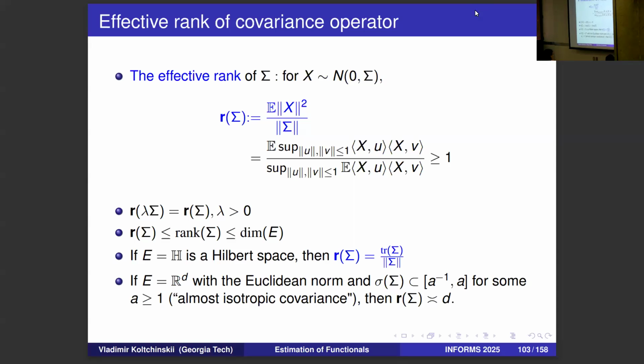In this case, of course, the effective rank is proportional to the dimension, so there is no need to use effective rank, and it does not appear even in this situation. However, in the general case, effective rank becomes the right way to measure the complexity of the covariance estimation problem.